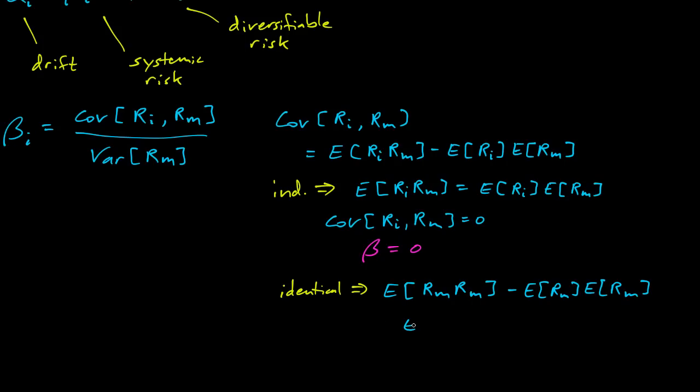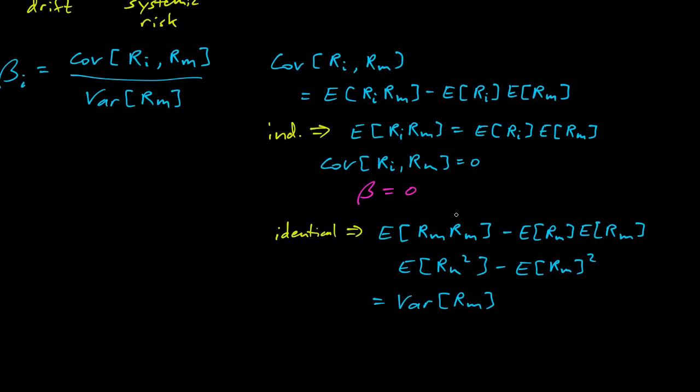That's the expected value of Rm squared minus the expected value of Rm, squared. And this is the definition of variance. And so in this case, we'll get a beta of exactly 1. So if you have an asset that exactly mimics the market, it'll have a beta of 1.